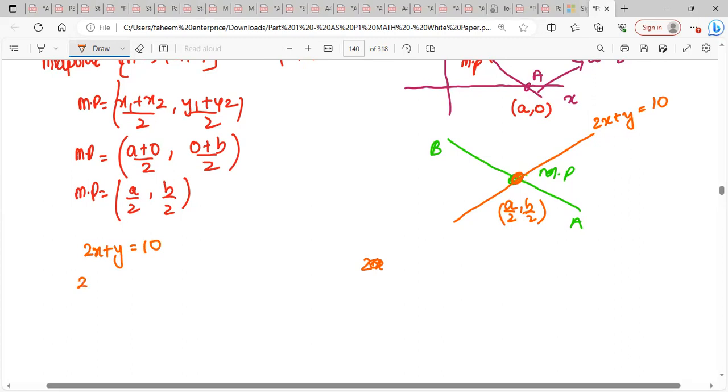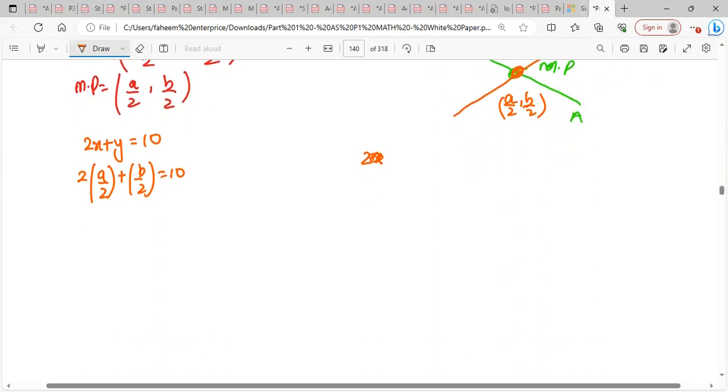2 times a/2 plus b/2 is equal to 10. Since the midpoint is lying on this line, I can use the equation and the coordinates to find my equation in terms of a and b.